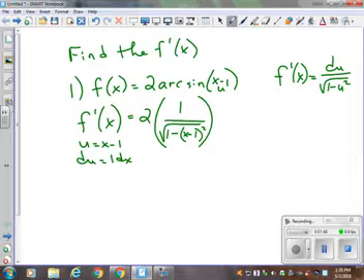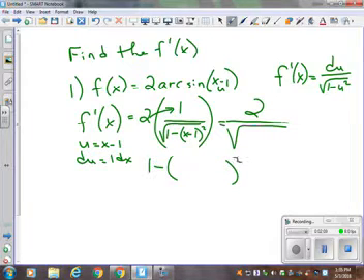X minus 1's derivative is 1. And then I can slip that 2 up there, because 2 times 1 is 2. And also, as you're doing this, you want to square out that bottom so that you can take that 1 and subtract 1 minus that. And I usually go over to the side or underneath it and do that because I want to just fill in my formula over there.